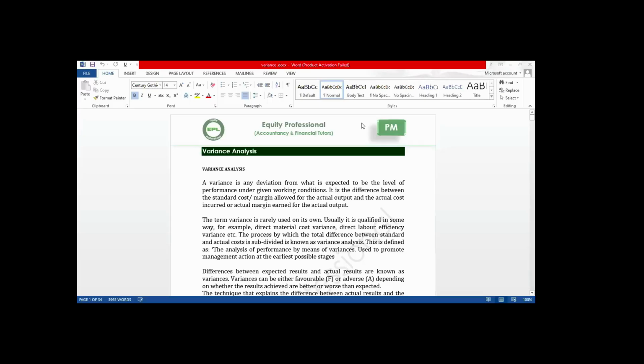Assuming your budgeted profit, the profit you plan to achieve, is 10 million. Assuming at the end of the financial year, actual profit happens to be 8 million. Actual profit is less, that means there's 2 million naira variance.